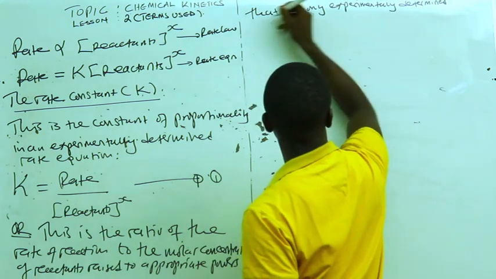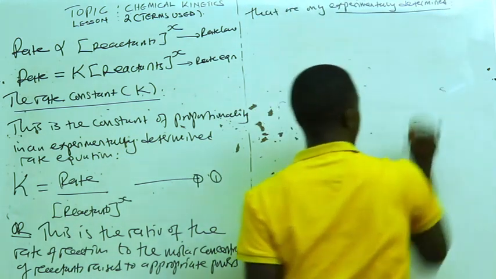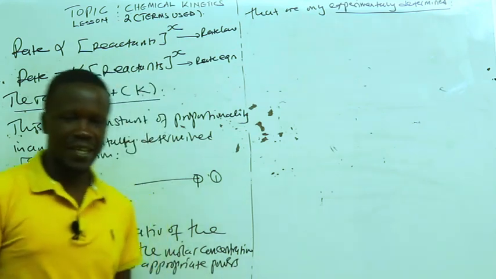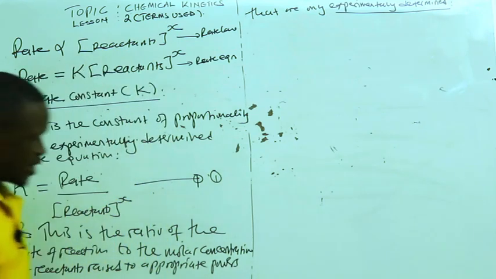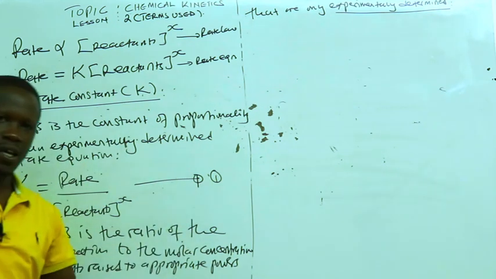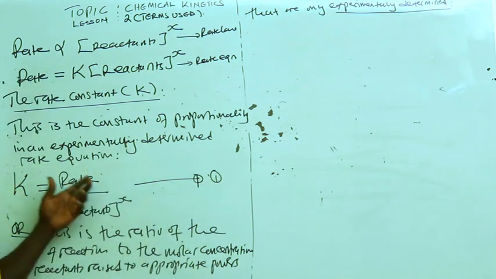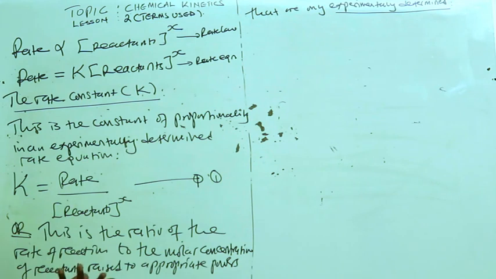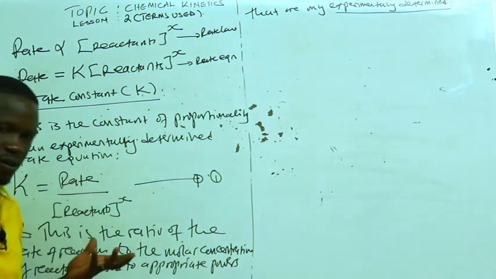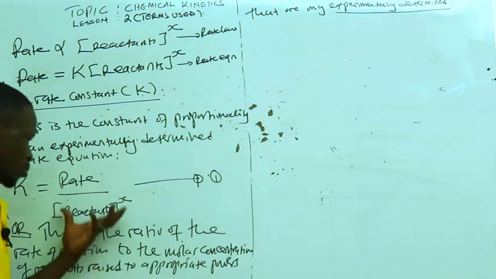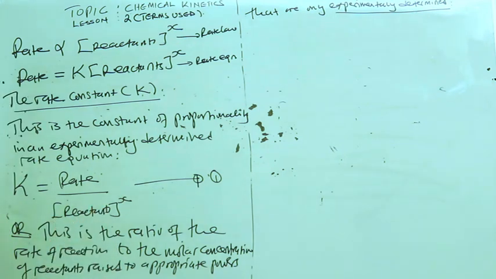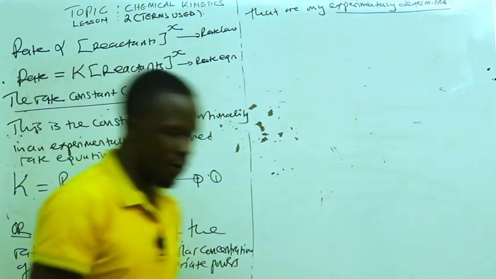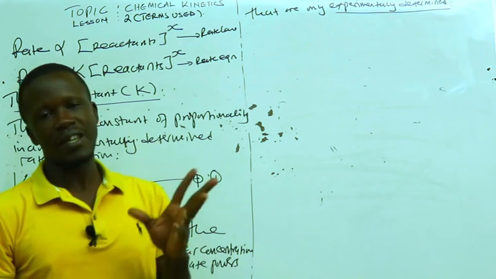We shall be understanding why I am emphasizing that they are only experimentally determined. So if we are looking at the rate constant, then someone could simply say it's a constant of proportionality in an experimentally determined rate equation. Or it could be looked at as the ratio of the rate of reaction to the molar concentration of the reactants, each raised to appropriate powers that are only experimentally determined. And that's the rate constant.